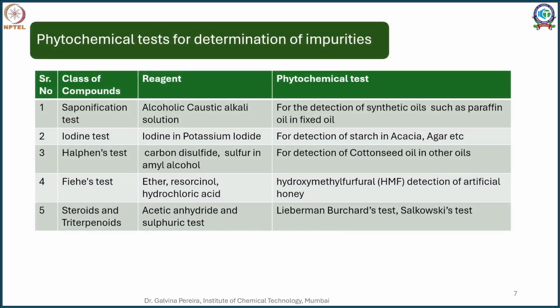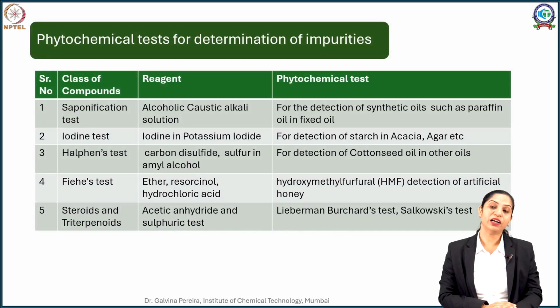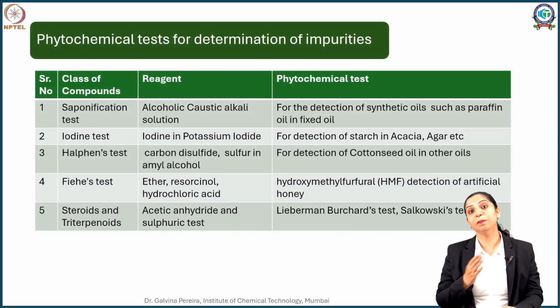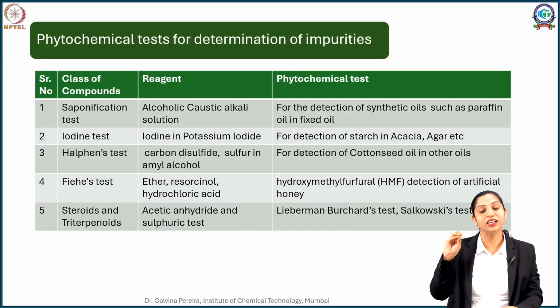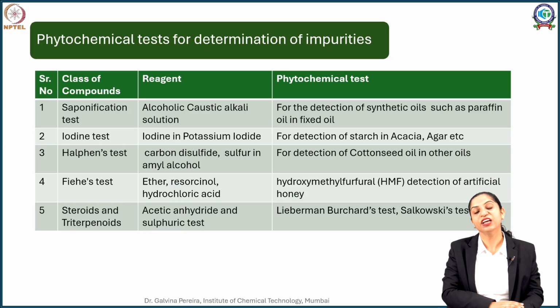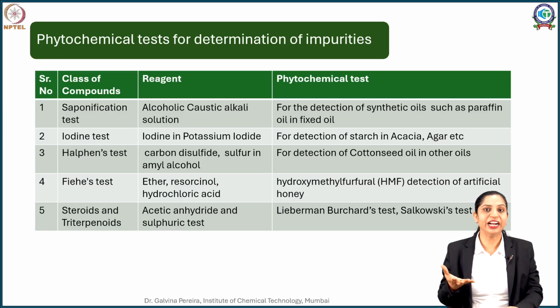In some cases, the chemical test will tell you if impurities are present. So, forget the classes of compounds, forget the compounds. What if you can specifically check if some impurities are there? I will give you an example. When we discussed lipids, we said lipids are esters of fatty acids. Now compare that to paraffin. Paraffin is just hydrocarbon.